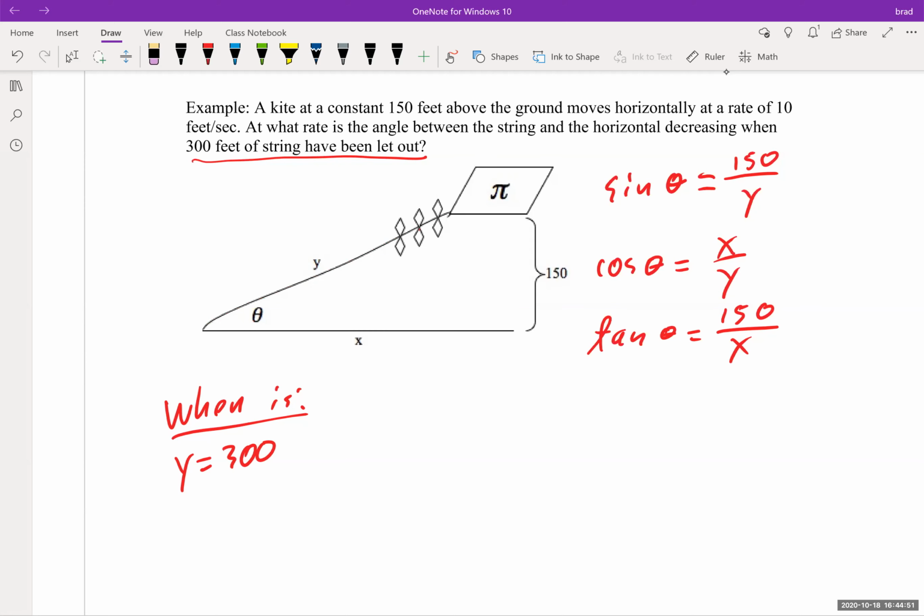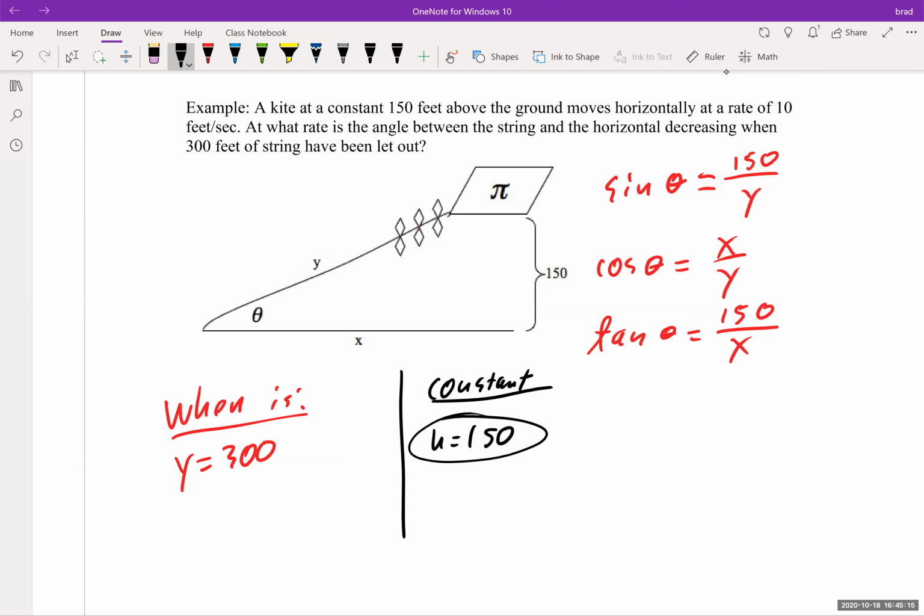That's the when. It says a kite is at a constant 150 feet. We know our constant, that is h equals 150, or if you want to call it a squared plus b squared equals c squared, whatever you want to say, but we know that the height is always going to be 150.